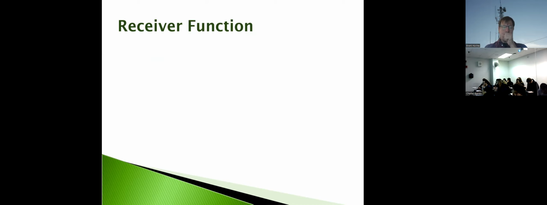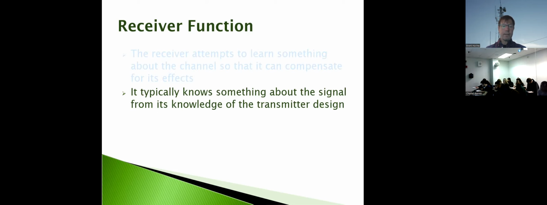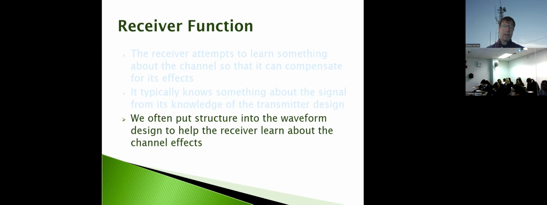So the receiver attempts to learn something about the channel so it can compensate for its effects. It typically knows something about the signal from the knowledge of the transmitter design. We often put structure into the waveform design to help the receiver learn about these channel effects.